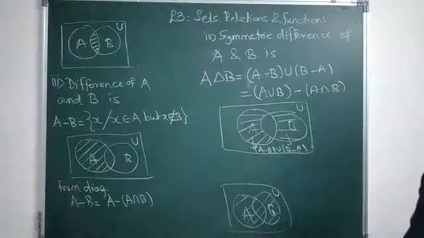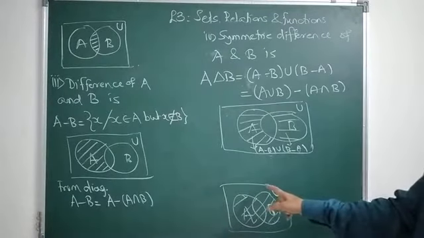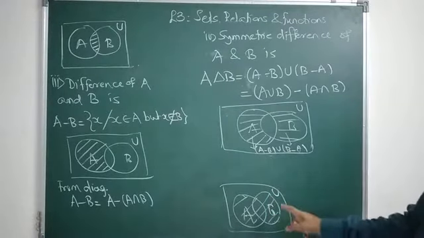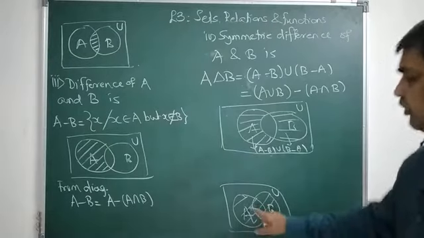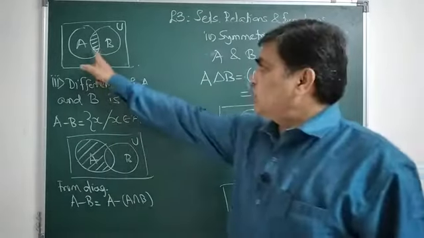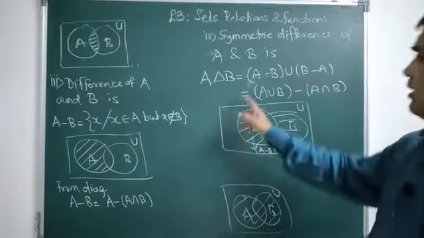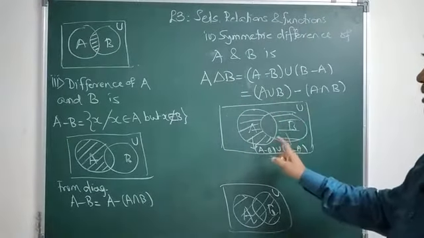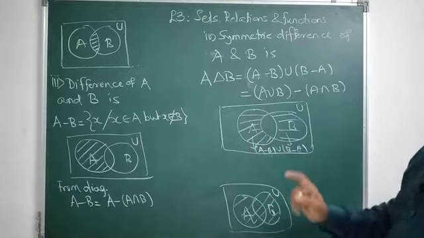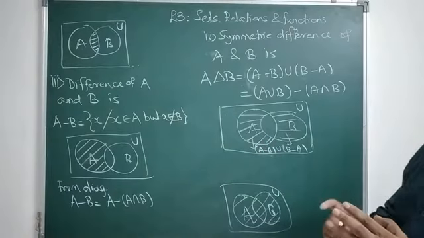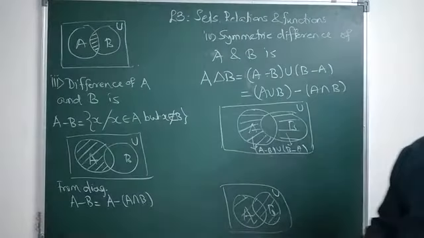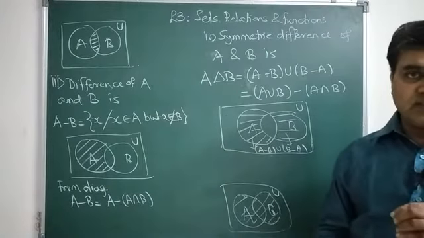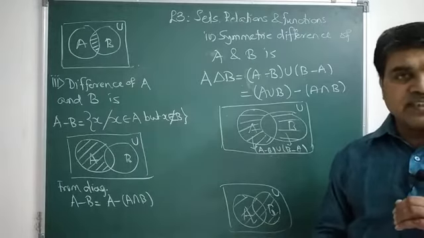Now again with the help of the Venn diagram you can observe this operation. A union B is same as B union A. A intersection B is equal to B intersection A. A symmetric difference B is equal to B symmetric difference A, means union, intersection, symmetric difference operations are commutative operations on universal set.